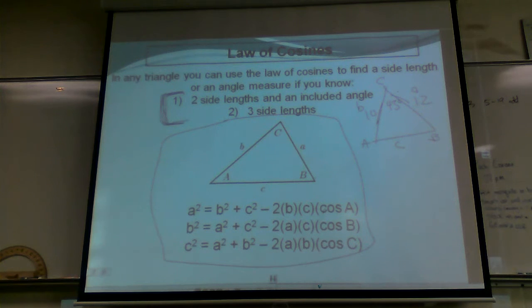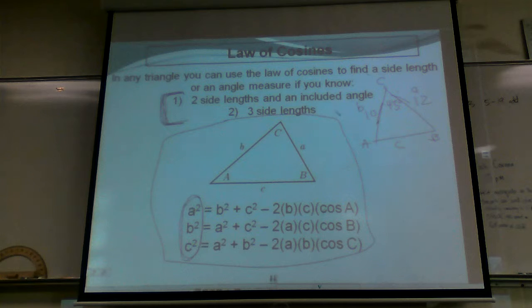Especially if you're just finding a side length, which these are written out to solve for, you want to make sure you pick the one where this side right here is the side you're trying to find.